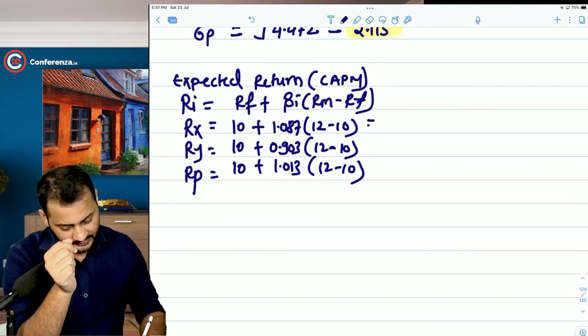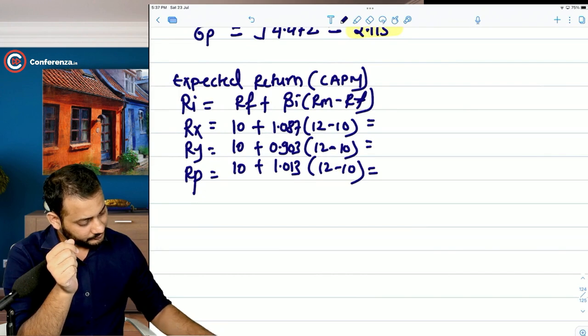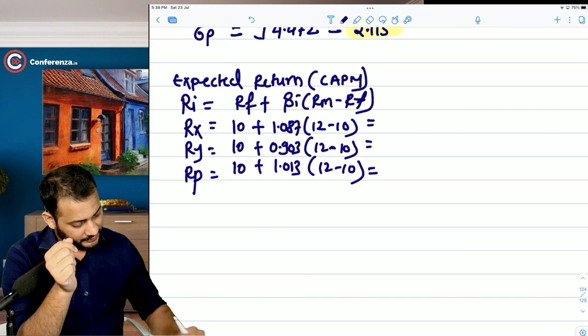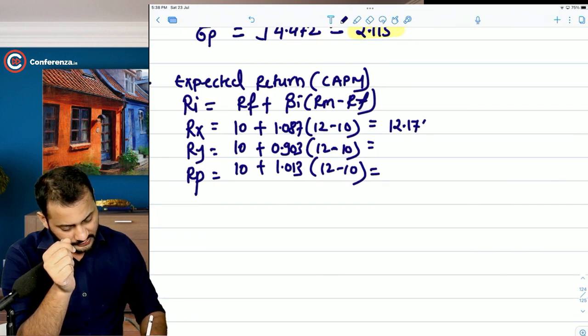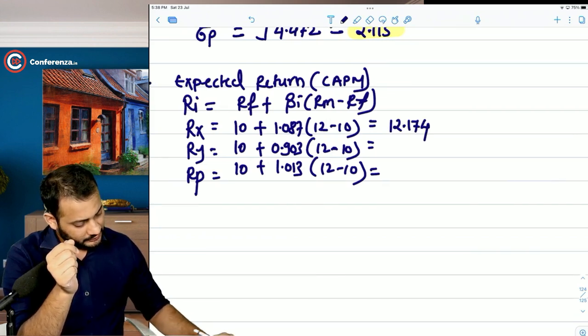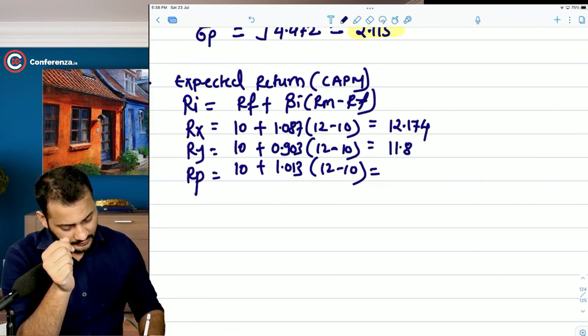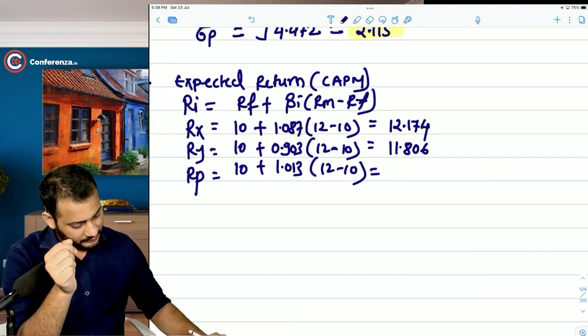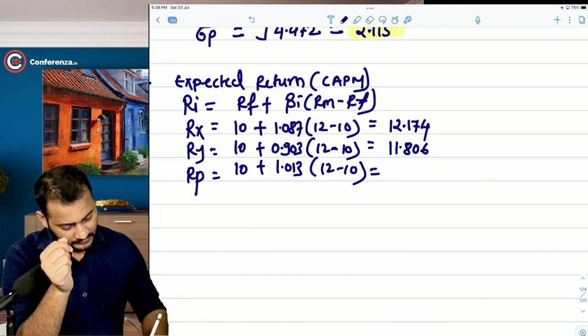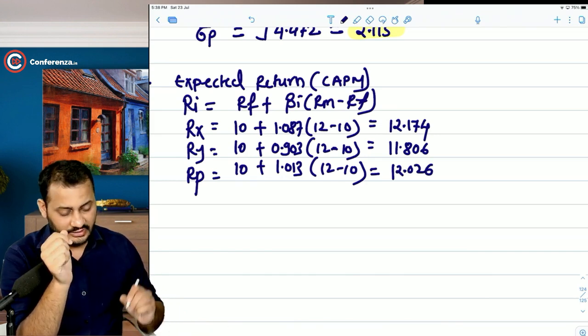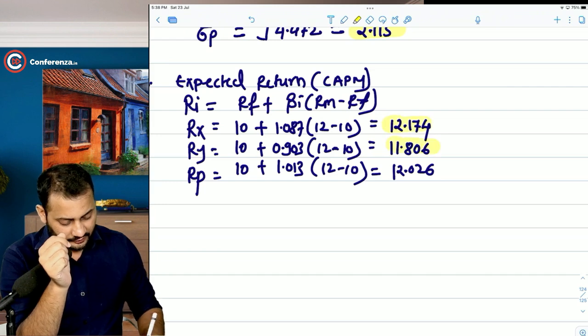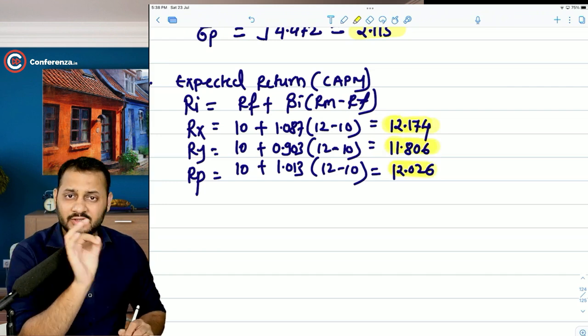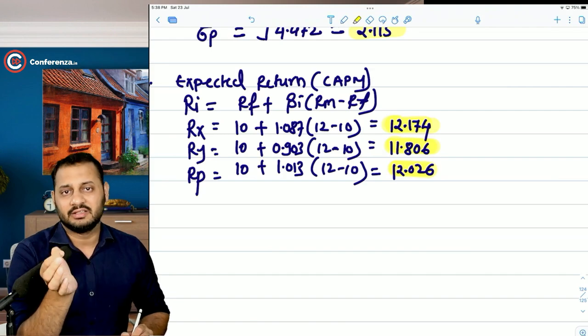Okay, let's go ahead and find out the answers. 2 into 1.087 plus 10, 12.174. 0.903 into 2 plus 10, 11.806. 2 into 1.013 plus 10, 12.026. These are the required rate of return for all the three investments that we are considering.